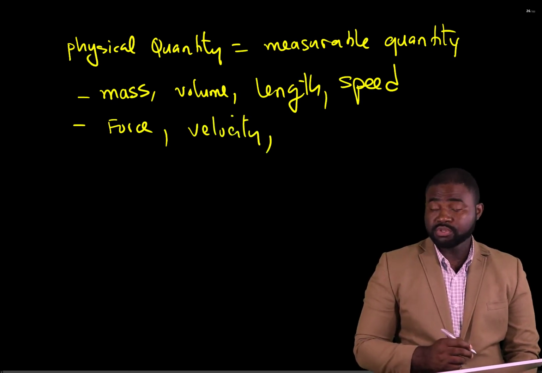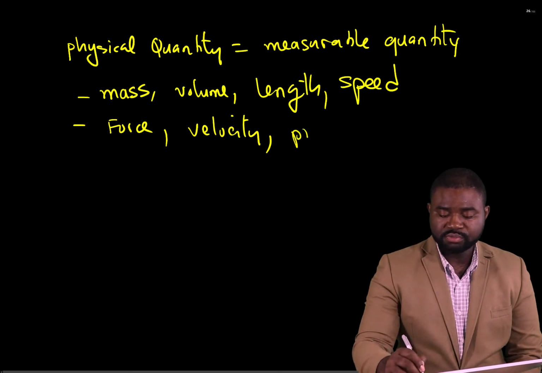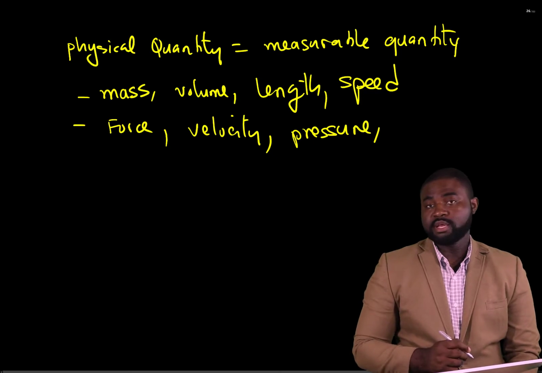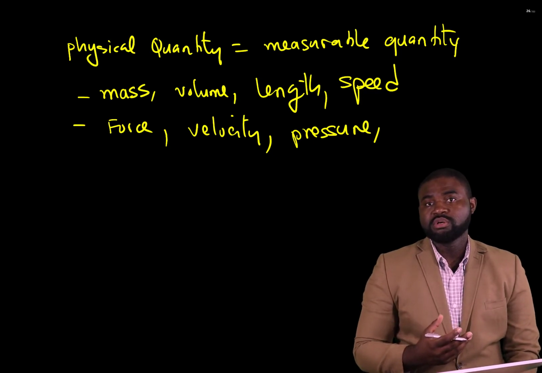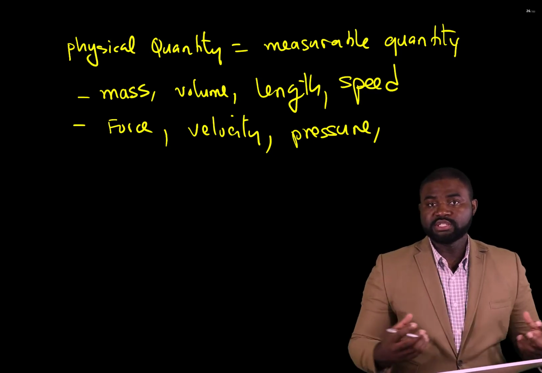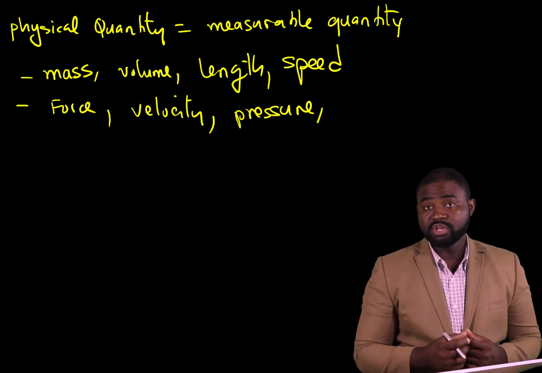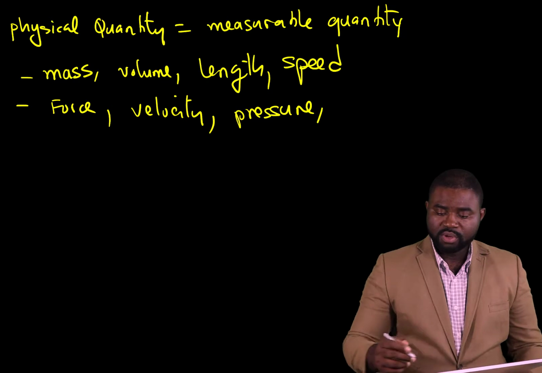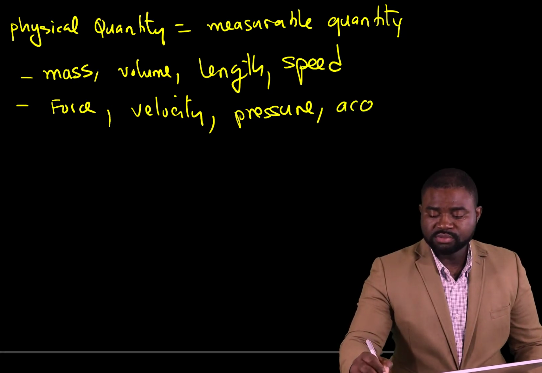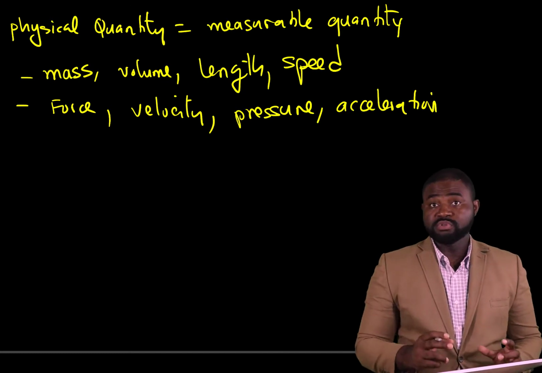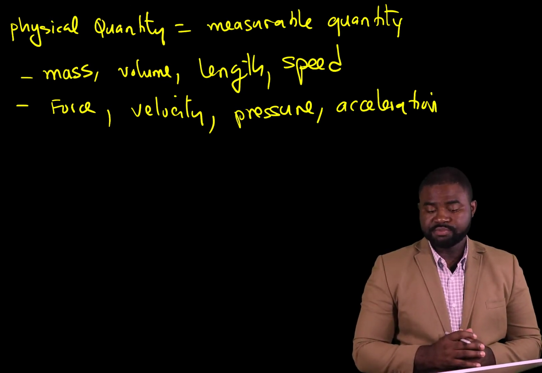You can also measure the pressure, like the pressure that the gases exert inside of your tire. You can easily measure that with the use of a pressure gauge. You have acceleration of a car. These are all examples of physical quantities.